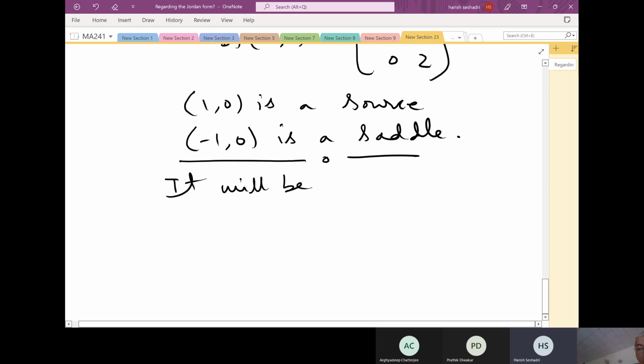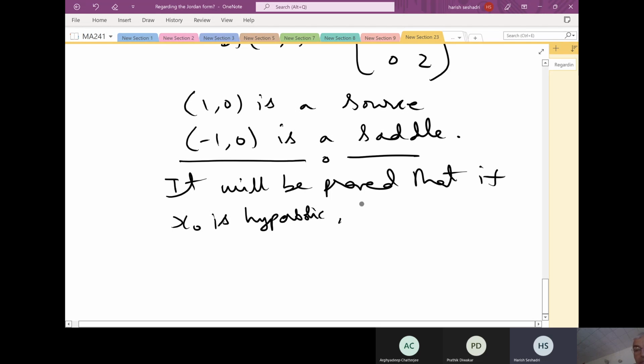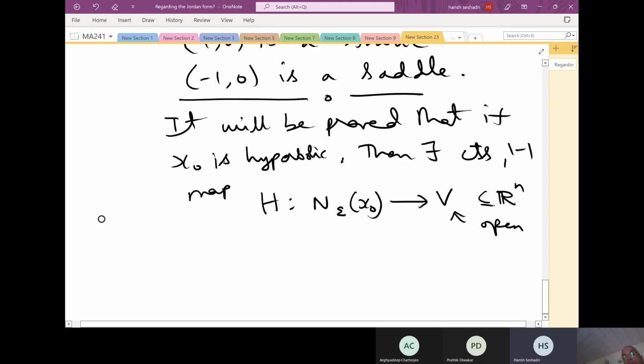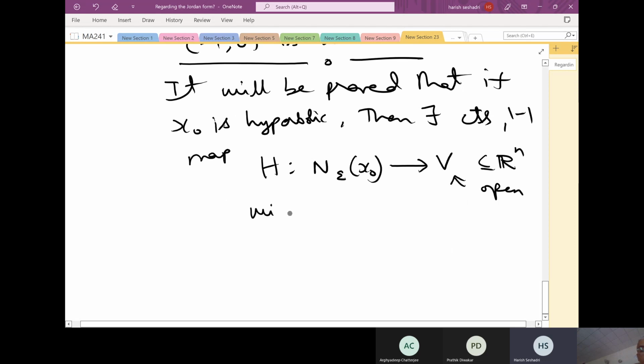This has nothing to do with saddle or source. It's a statement about hyperbolic points: if x naught is hyperbolic, then there exists a continuous one-to-one map H from an epsilon neighborhood of x naught, that's the ball of radius epsilon around x naught, onto an open set V, with H inverse from V to this neighborhood also continuous.